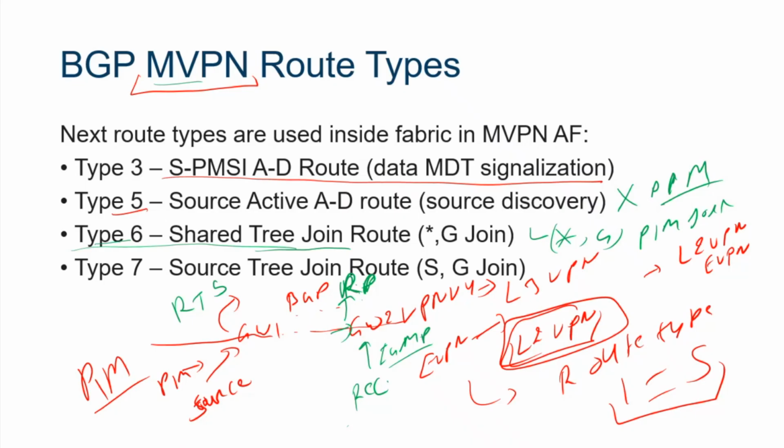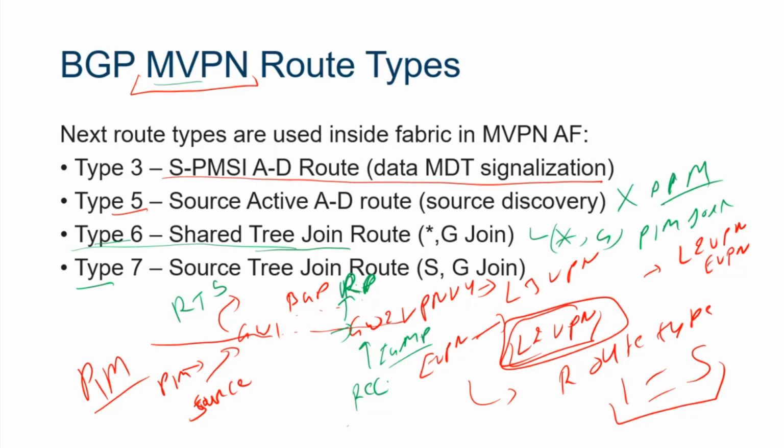And then your type 7, source pre-join. So when the RP knows that there is a certain source which is online, and how will the RP know that a source exists? Lucia just answered it. How does the RP know that there is a source that exists?